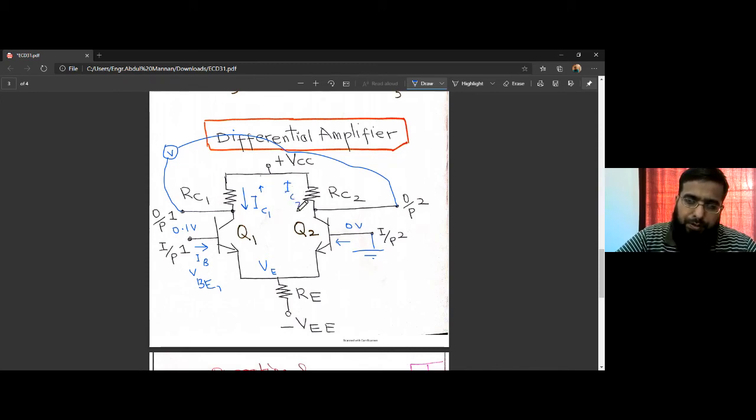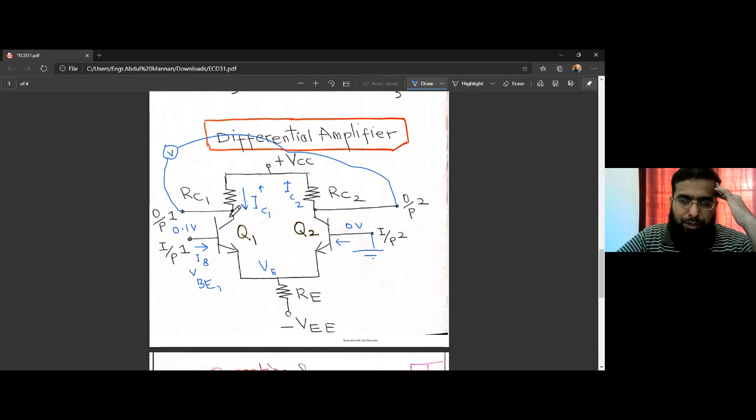This means the voltage drop across RC1 would be larger because IC1 is larger. That will cause a voltage drop across RC1 larger compared to the voltage drop across RC2. So V across RC1 is larger compared to V across RC2.